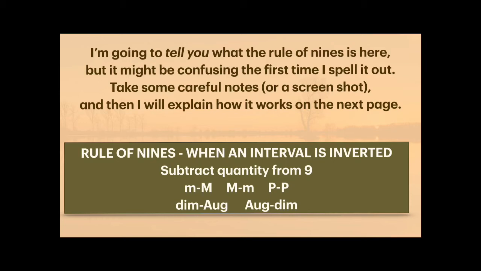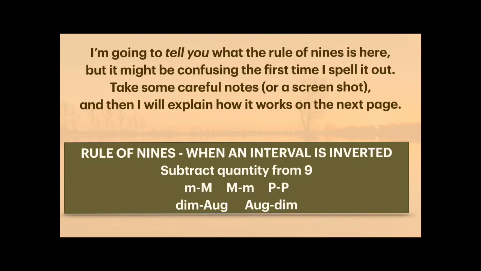In other words, in a second, 2 is the quantity. In a sixth, 6 is the quantity. So we subtract that quantity number from 9. Minor becomes major. Major becomes minor. Perfect stays perfect. Diminished becomes augmented, and augmented becomes diminished.